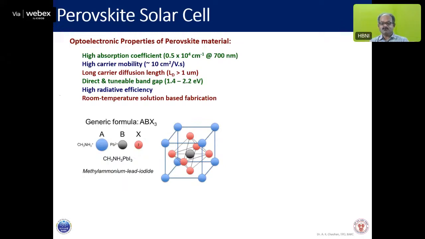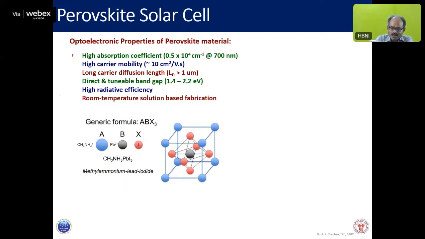Suppose now you have a solid-state dye-sensitized solar cell of some other configuration than we saw in the last one. In place of dye, you use as an absorber some material having a perovskite structure. Why is it so successful?